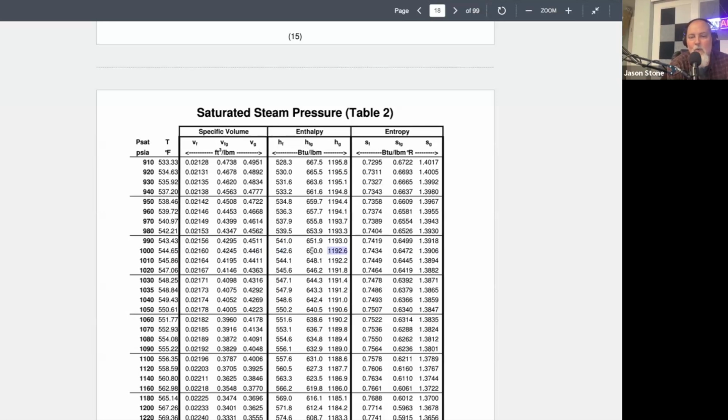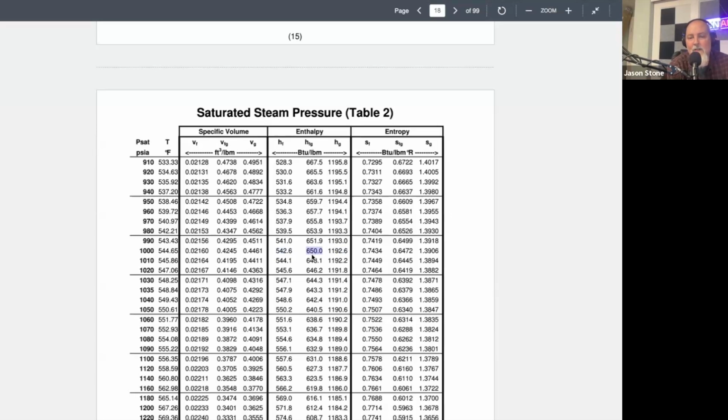So there's 2% moisture. What is the enthalpy of that steam? Because it's going to be less than 1192.6 BTUs per pound mass, and more than 542.6 BTUs per pound mass. That's where the quality and the moisture content comes into place, because we have to figure out what percentage of this H sub FG.